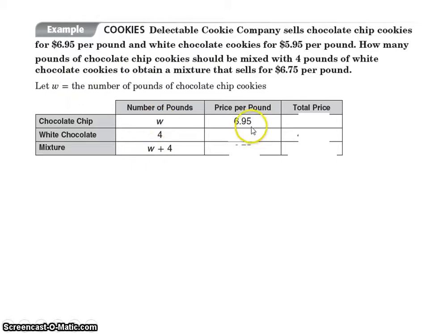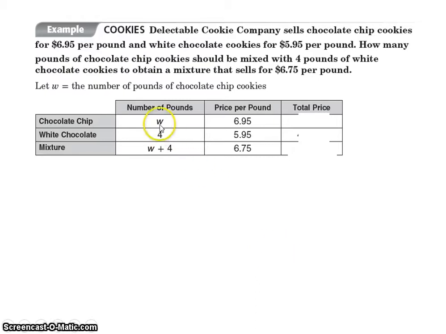Now, we also have $6.95 for the chocolate chip. We do know the white is $5.95, and we know on our final mixture we want to be able to sell it for $6.75 per pound. So that's why that is in the final box.